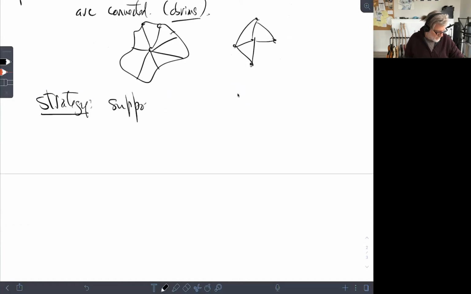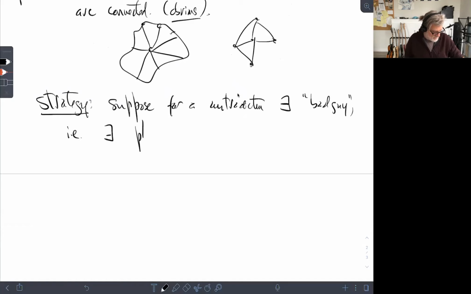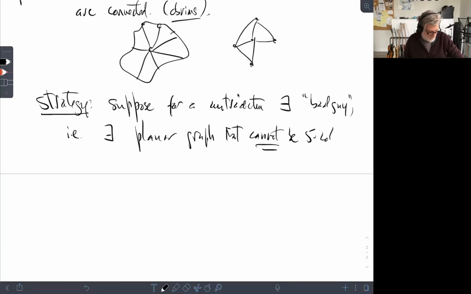Suppose for a contradiction, there exists a bad guy. In other words, there exists a planar graph that cannot be 5 colored.